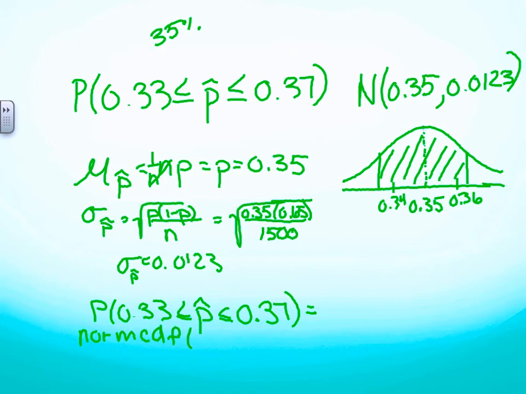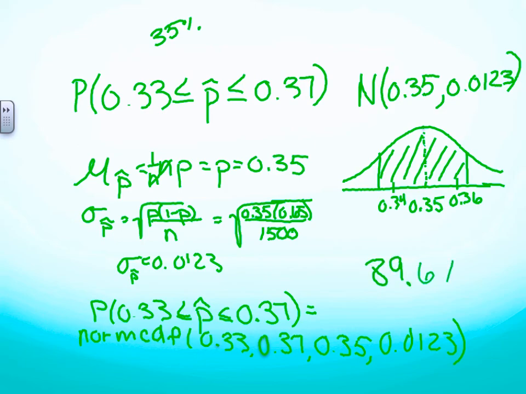It will ask for your lower boundary, your upper boundary, which is 0.37, your mean at 0.35, and your standard deviation. This will give you about 89.6%.